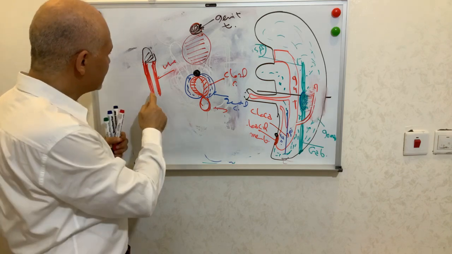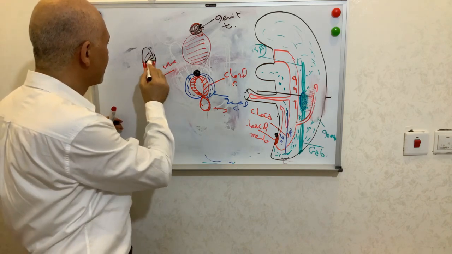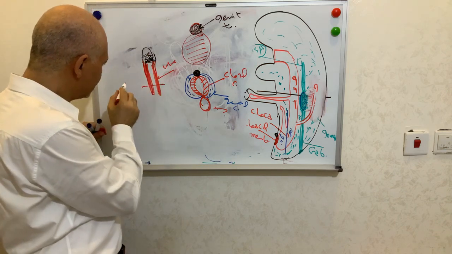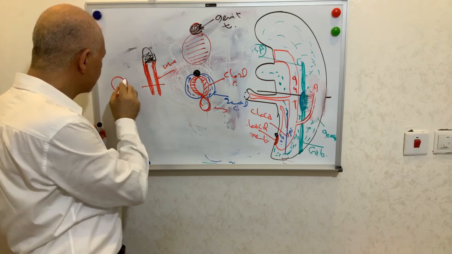The urethra is present here. If we make a cross section like this, this is the urethral fold.